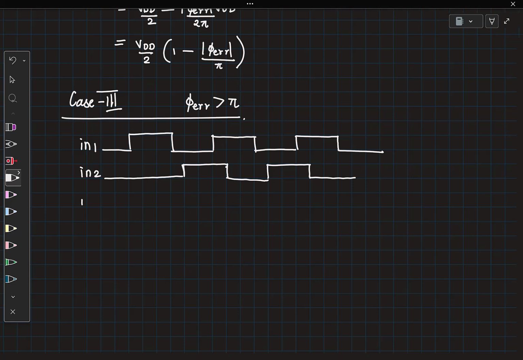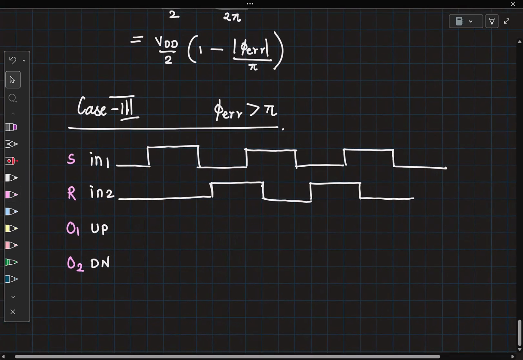Then you have to plot up and down. Again, just to remind you, this is your set, reset, O1 and O2 signals. Please try this out.